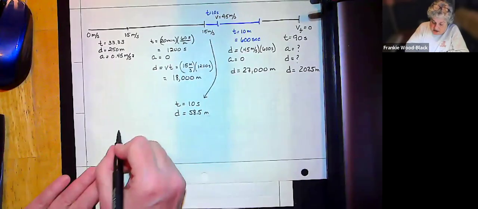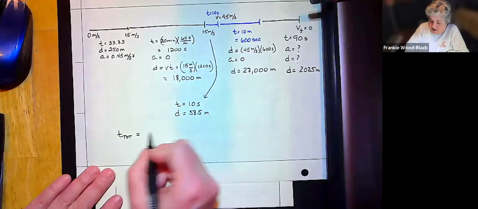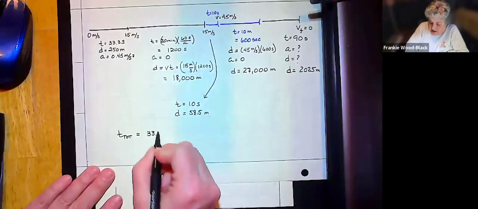So we want to know total time. Time total is going to be the sum of each of these individual times.